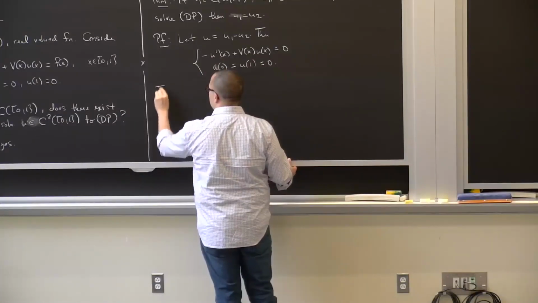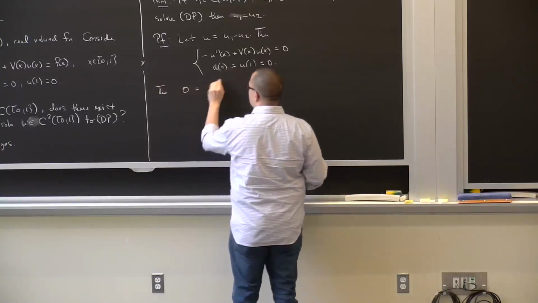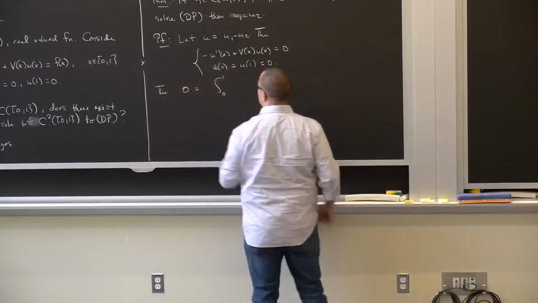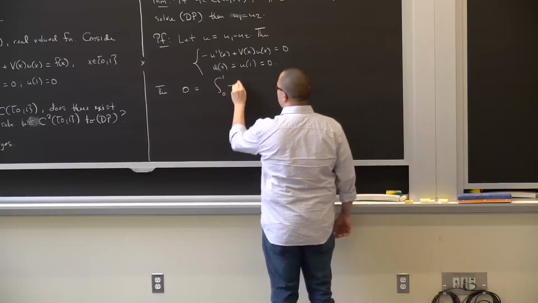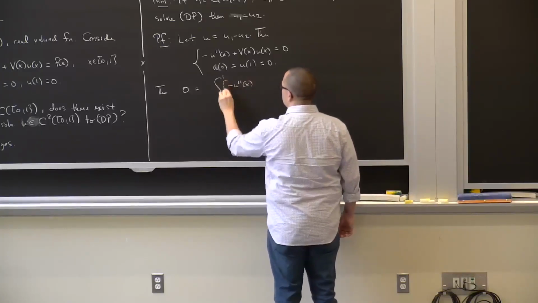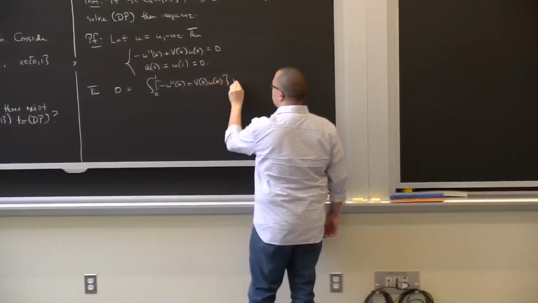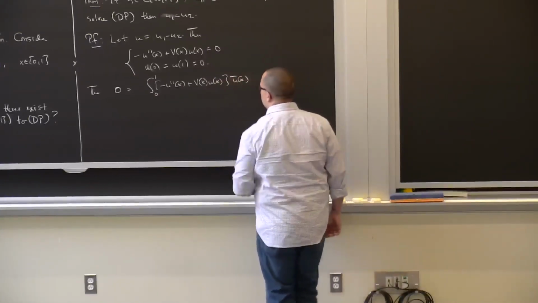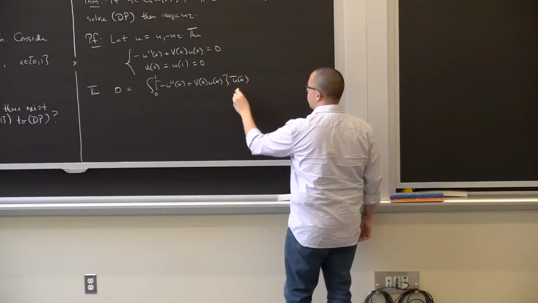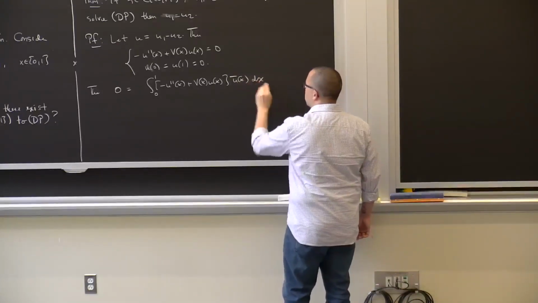So we have 0 is equal to the integral from 0 to 1 of minus u double prime of x plus V of x u of x times the complex conjugate of u of x dx.